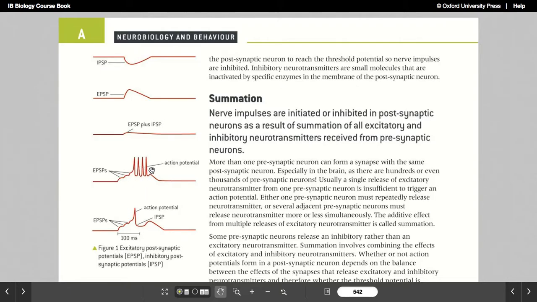And if you get punched, you make so many EPSPs that they all sum up together, and your action potentials go crazy, like we see in this picture here. And then, of course, all the neurons are going to be hooked up to other neurons because of synapse formation. So sometimes you might be getting EPSPs from three of your synapse neighbors, and then an IPSP from another synapse neighbor. So these are all different examples of summation, and that's all you guys really need to worry about.